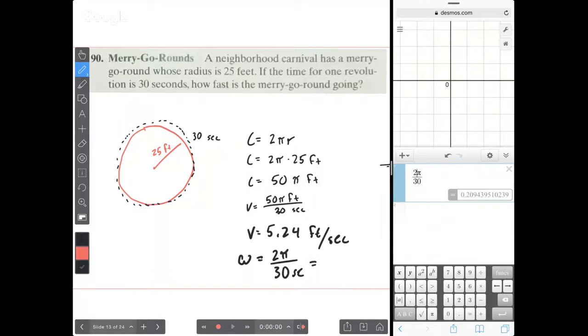So 0.21 radians per second. Any questions on number 90?